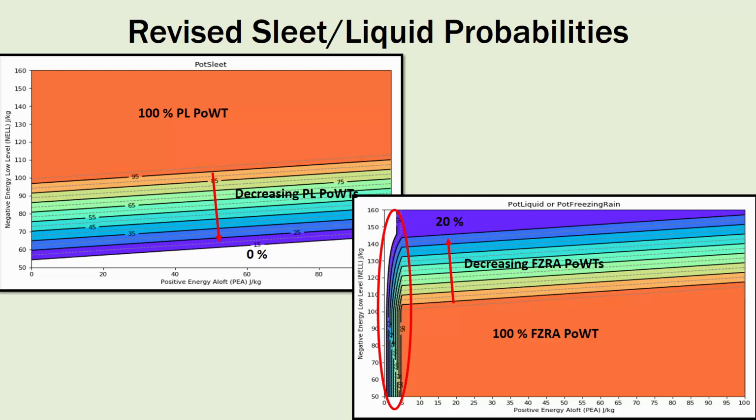For this reason, the probabilities of liquid at the surface, whether it be freezing rain or sleet, are going to drop off considerably. In this type of instance, we would either see snow, or if we're cold enough, a snow and sleet environment. The reason we didn't do the same thing for the sleet as we did for the freezing rain is the fact that only a little melting can induce some sleet potential. So we did not do that same process for the sleet probabilities.